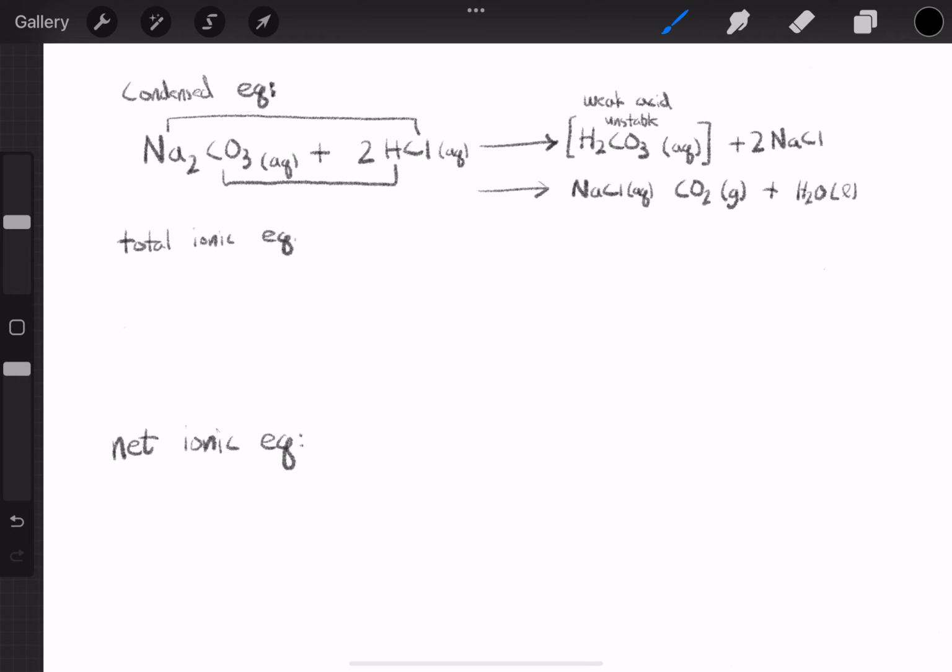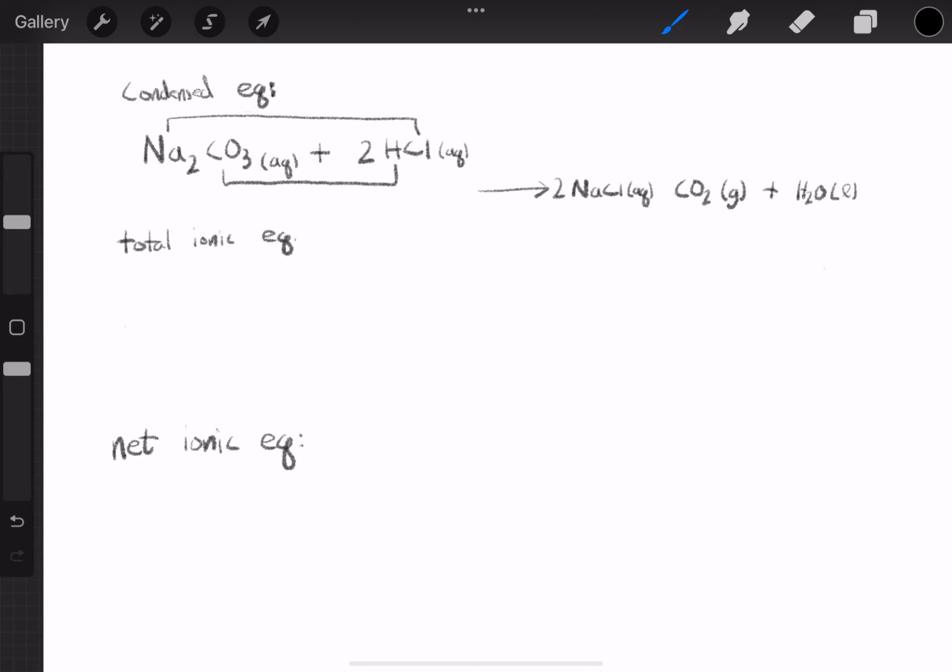And we know sodium chloride is aqueous, so we will put aqueous right by its name. So you get those three compounds. We're going to now erase this because it's unstable, and it turns into this. Now the carbons are balanced, the hydrogens are balanced, everything is balanced.